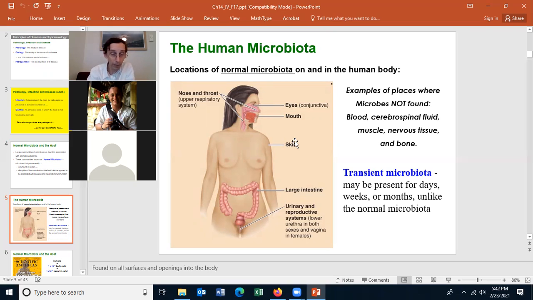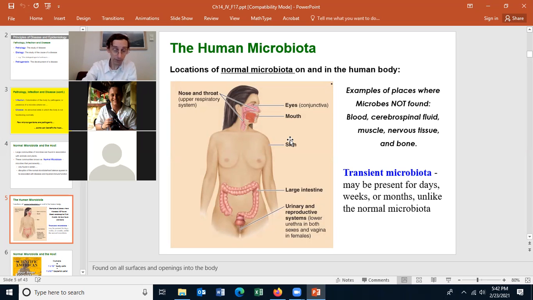My normal microbiota competed with it and overtook it, and so the Staphylococcus aureus went away. I test about 4 times a year, and I've tested for several years, and I've never seen it except for that one time. So that was a transient microbiota.